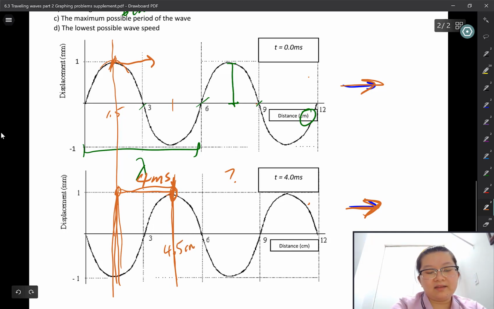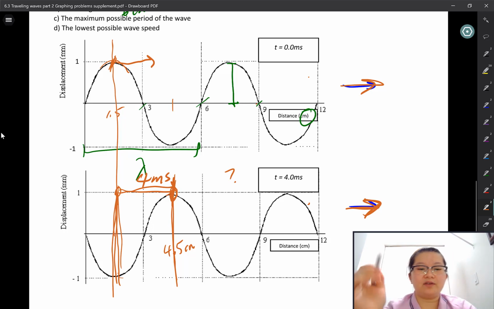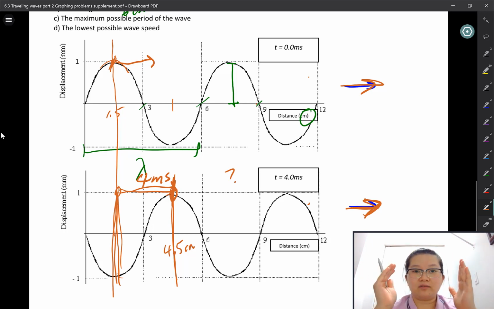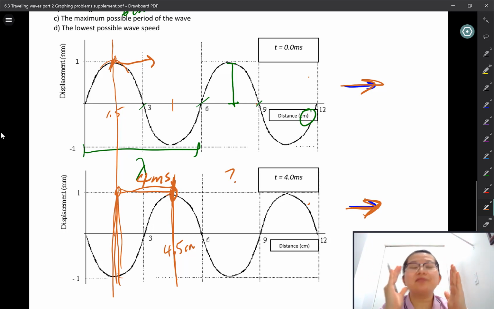So only this much of the wave has traveled, and it's only traveled for half the wavelength amount for the particular wave. So this particle only moved through half of a period.